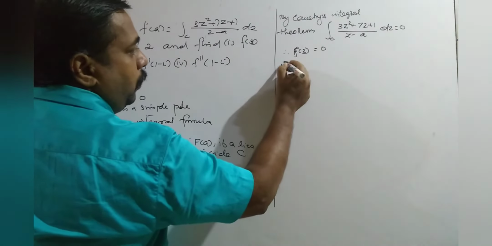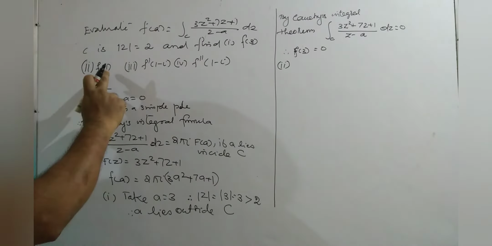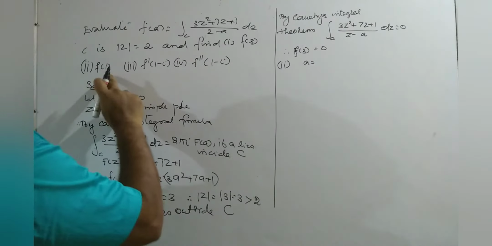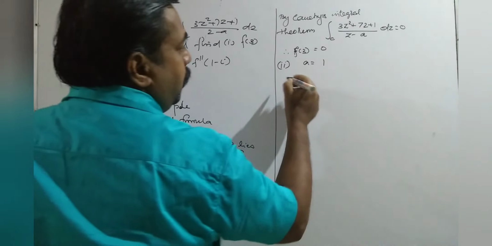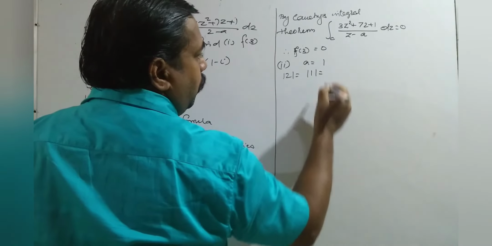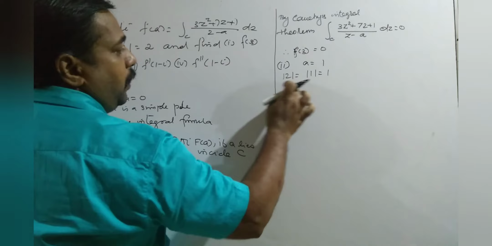For the second one, we take a is equal to 1. We proceed with all these things. That is, mod z is equal to mod 1 is equal to 1. This is our calculated value. From where do we get mod z?